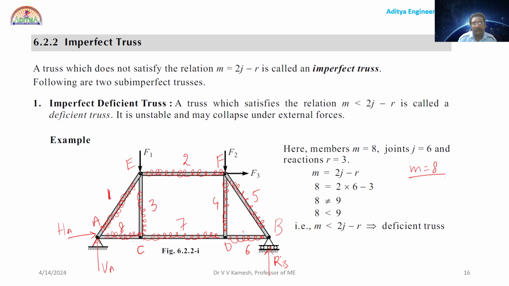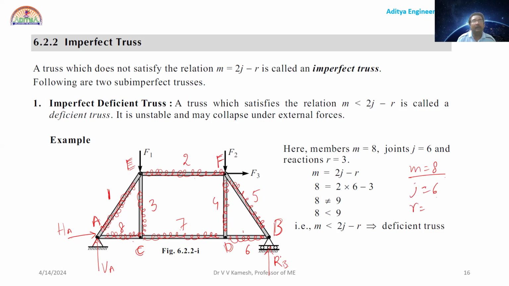Now how many joints are there? A, B, C, D, E, and F. That is 6. So J is equal to 6.